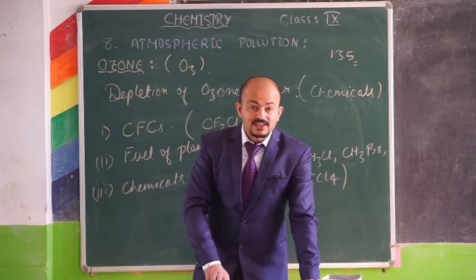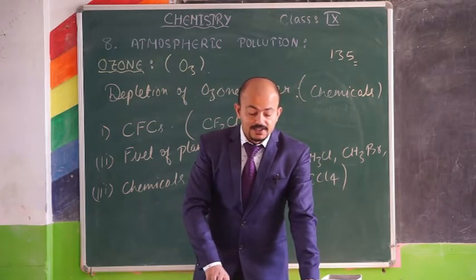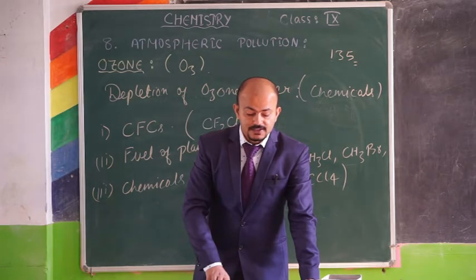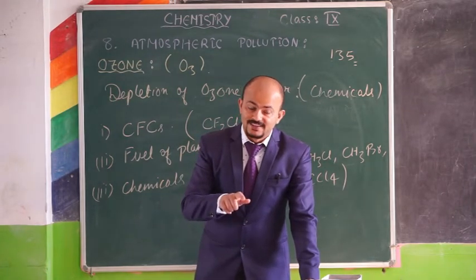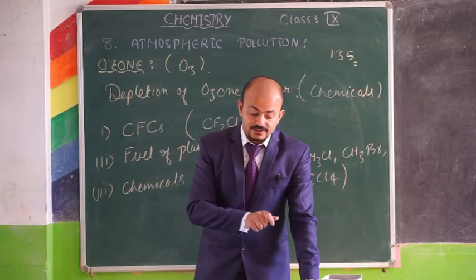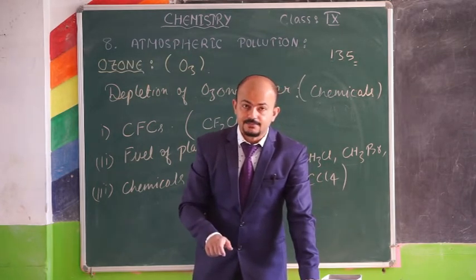Now on page number 136, you have a table, a list of major air pollutants, their origin and health impact. You have carbon dioxide, carbon monoxide. Please go through this list where we have pollutants, origin and health impact.